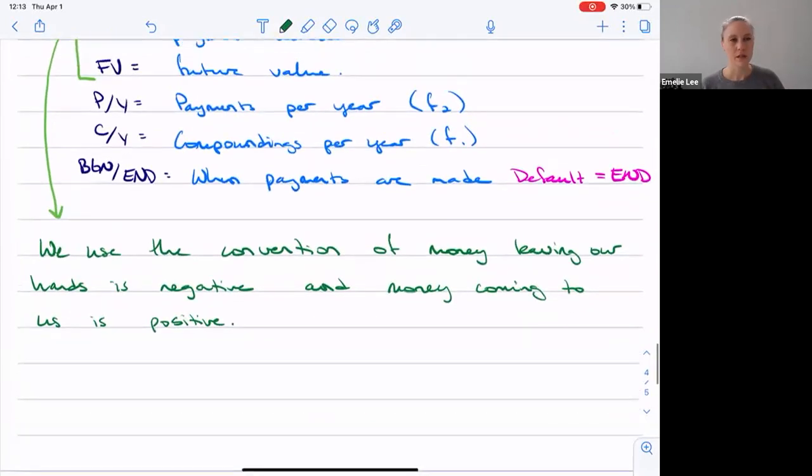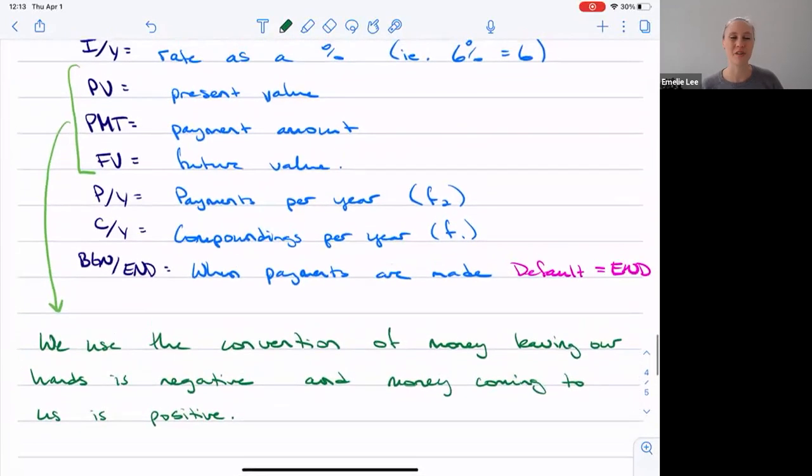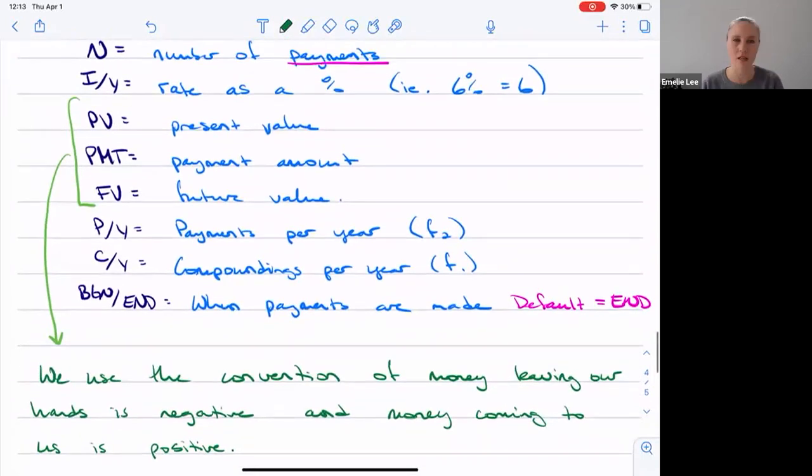Okay. And that's going to take some practice, right? Figuring out, okay, is this positive or is it negative?